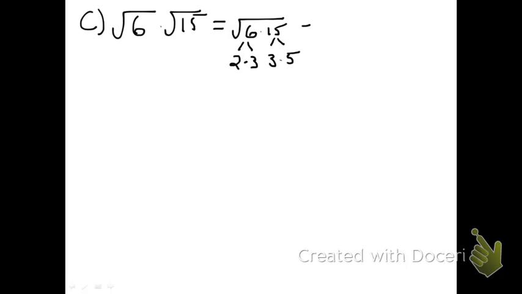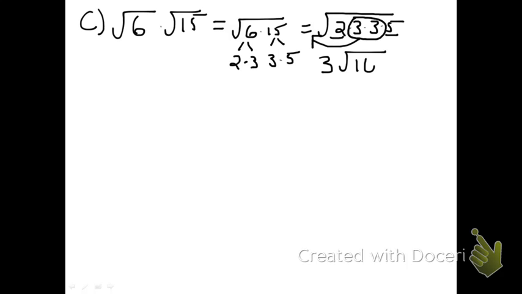Now check this out. These are the prime factors of the product, and if I put them all together I have 2 times 3 times 3 times 5. Anytime I see a pair of the same factors together, I'm going to pull one out. So I have 3 out in front, and I'm left with a 2 and a 5 inside, which multiply to make 10. So 3 radical 10 would be my answer.